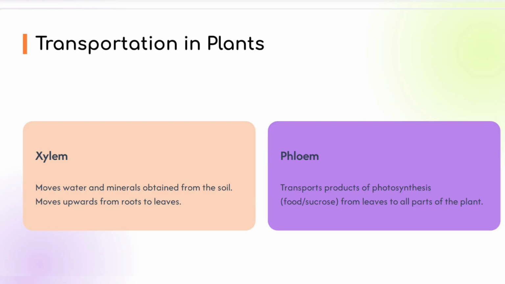And phloem transports the food made in the leaves to all other parts of the plant, both upward and downward. This is called translocation. These two tissues work together to keep the plant alive and growing.